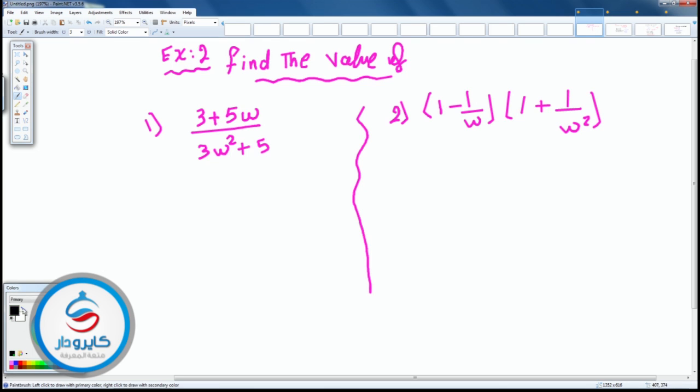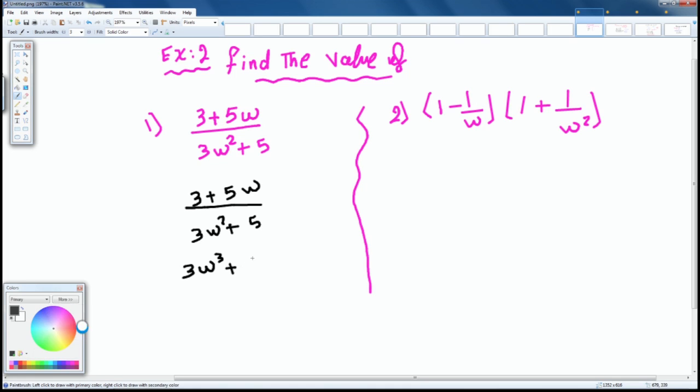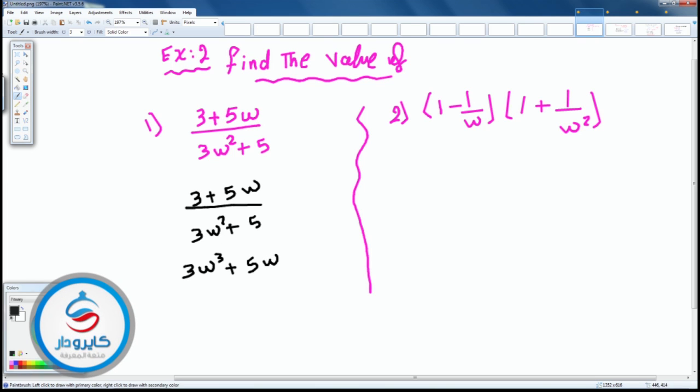Let's solve number 1. We have 3 plus 5 omega over 3 omega square plus 5. What shall we do? By the way, 3 could be 3 omega power 3, because 3 is 3 multiplied by 1, and 1 is omega power 3.